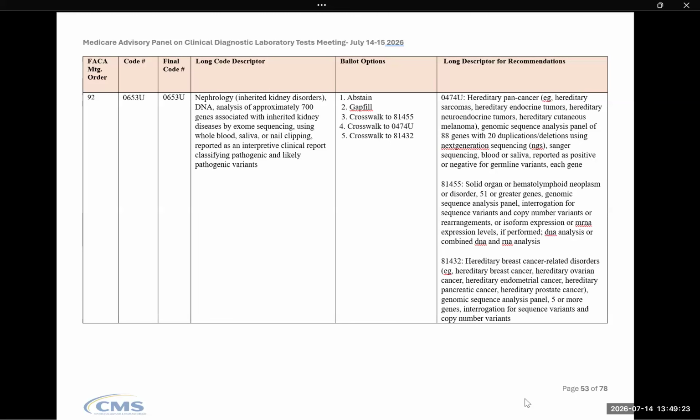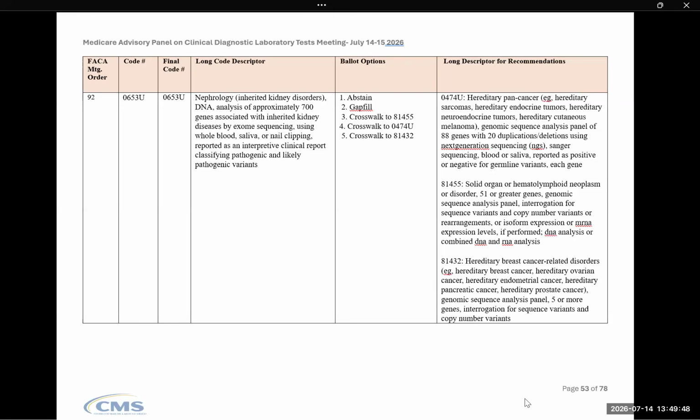Oh, yes. Sorry. This is again me. This is another nephrology, oh wait, yep, 0553U. Yeah, this is another nephrology next generation sequencing panel of a large number of genes, identifying pathogenic variants or likely pathogenic variants using whole blood, saliva, or they also say nail clipping.